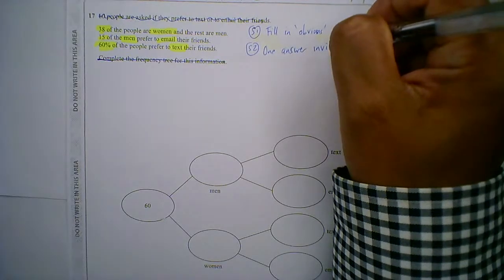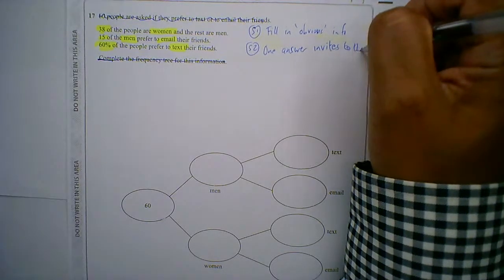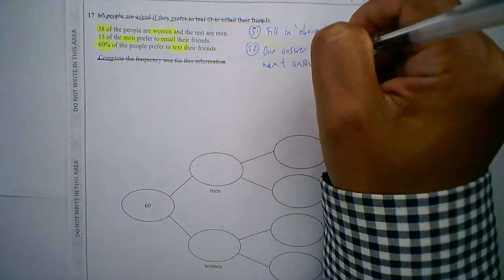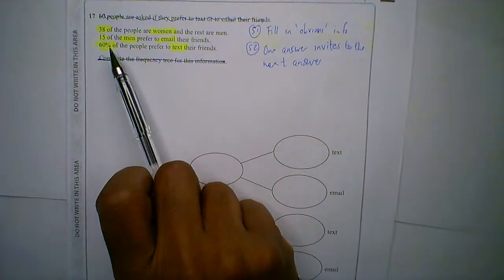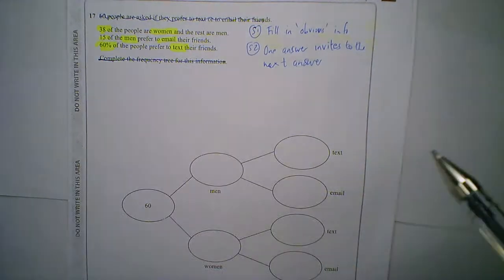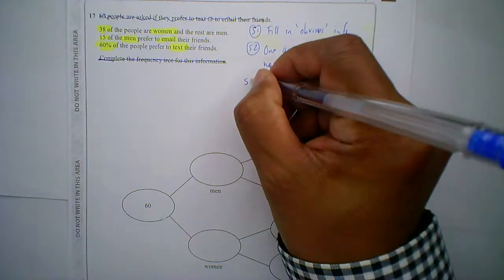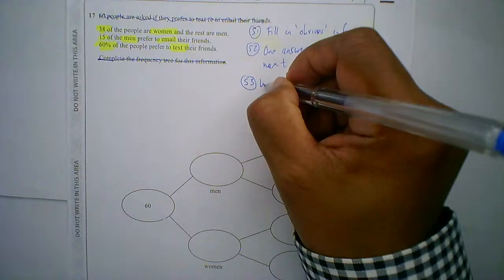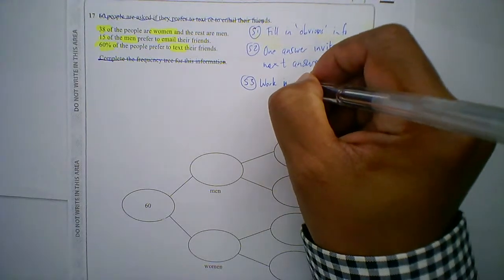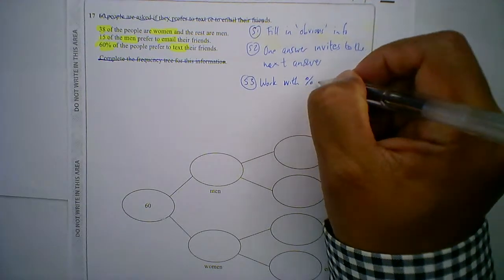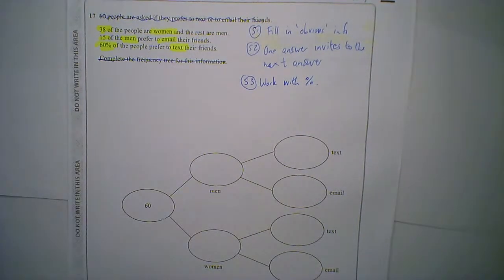One answer invites to the next answer. And also we've got 60% of the people prefer to text their friends. We've got percentages here. So there is a step here where we have to work with percentages. Okay, so let's go through this.